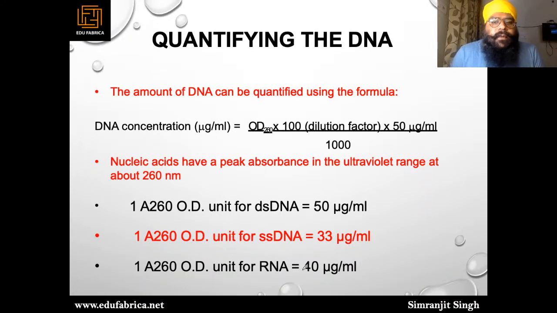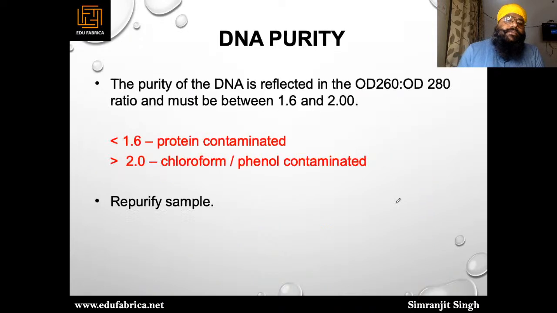If the value is around 50 microgram per ml at an optical density of 260, it's double stranded DNA. If it is 33, it's single stranded DNA. If it is 40, it's RNA.